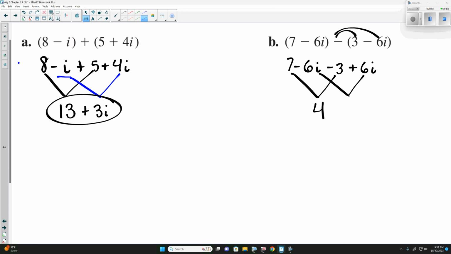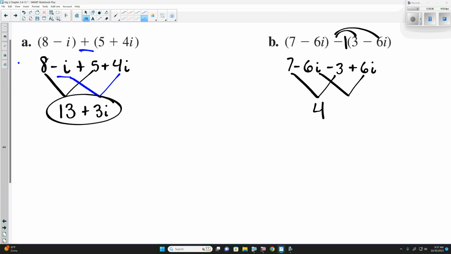Since we're subtracting it, that negative has to be applied to it, because we're saying 7 minus 3, negative 6i minus negative 6i. Because really we can consider almost negative 1 in front of it, and it has to be applied to both terms. We technically did apply the plus to both terms in the first one here. It's just that a positive 1 times 5 is still positive 5. Positive 1 times positive 4 is still positive 4.